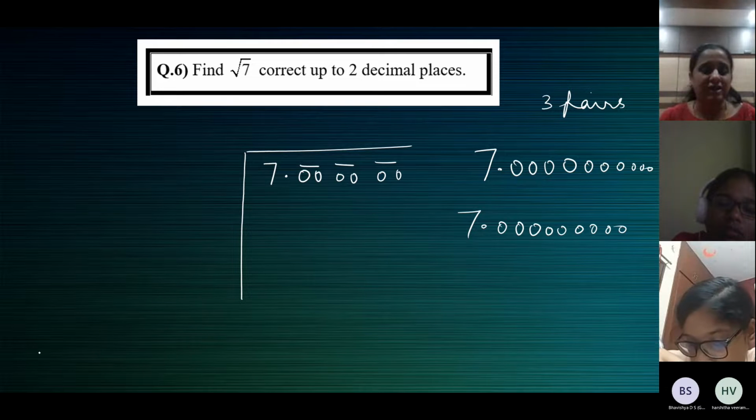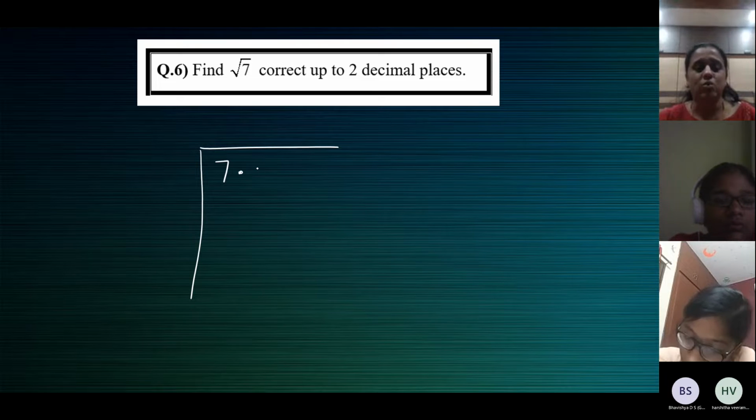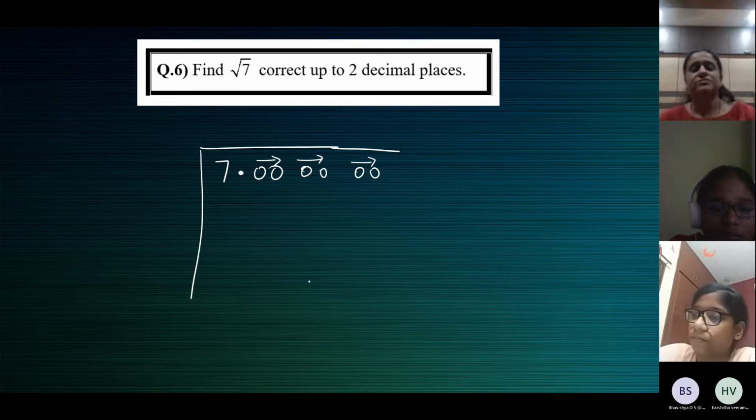We'll add 3 pairs of zeros: first pair, second pair, third pair. And you know, after the decimal point, we group in this direction. Is this understood?